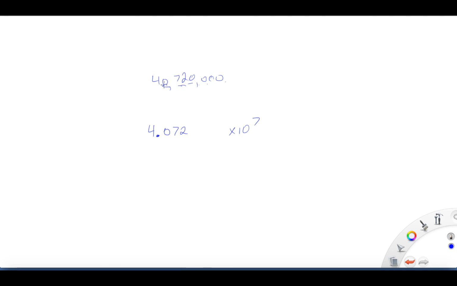We only put this number in here because after it come zeros, that's where the times 10 comes in. We don't have to worry about that anymore. We know those are automatically zeros. So the answer is 4.072 times 10 to the 7th power, because if we moved it 7 times, we would get 4 zeros plus 3 other digits, 1, 2, 3, equals 7. That's how we come up with our power.